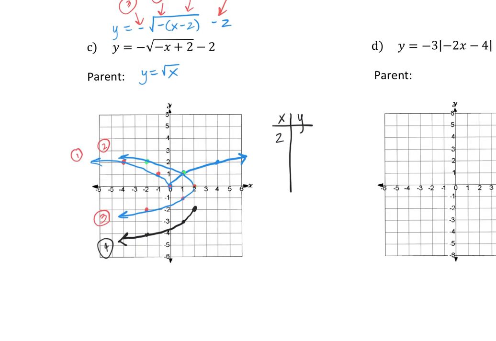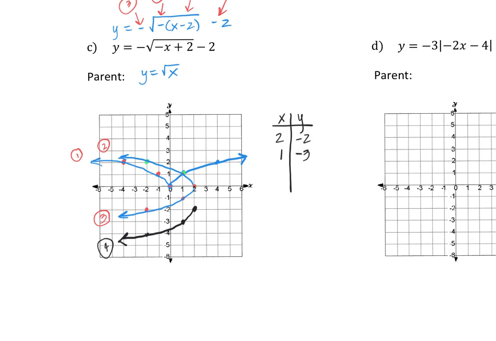Going back to that function, if I put in 2 for x, I get 0 underneath the square root, and I get a y value of -2. So let's try 1. If I put in 1 for x, I should get -3 back for y. So if I put in 1 for x, I get square root of 1. And the negative on the outside means it's going to be -1 minus 2. I get a -3. Okay, that works.